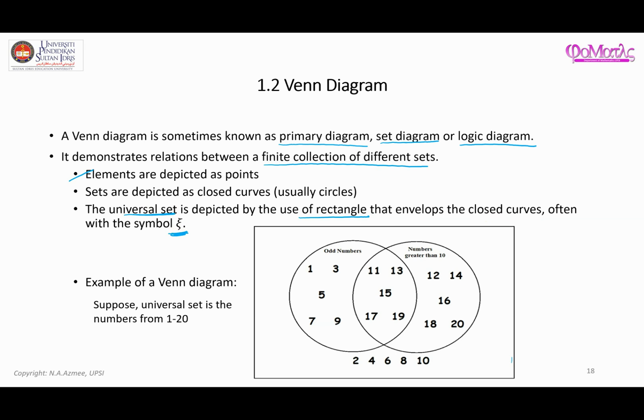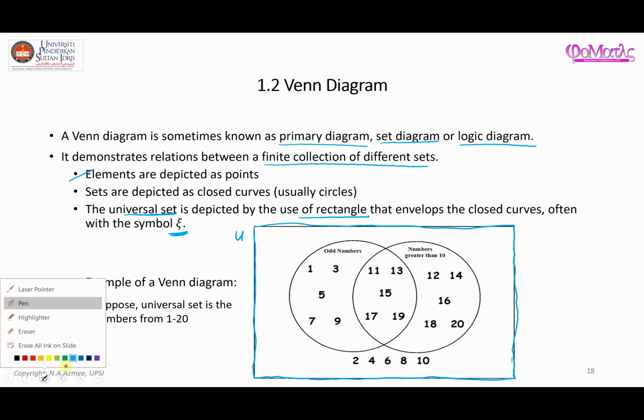We use this symbol, or if you want, you can use an easier symbol, which is just denoted by U. So U is the universal set, and it is given by this rectangle here. So the rectangle here is a must, okay, to depict the universal set.